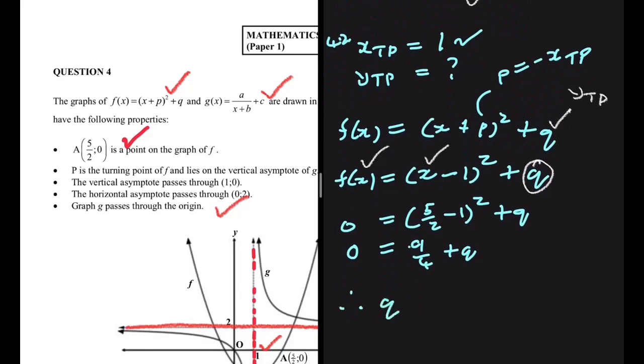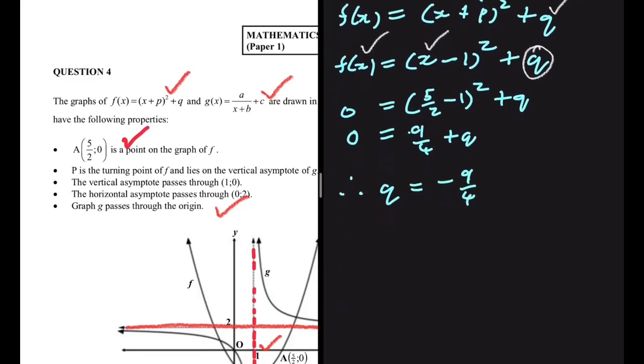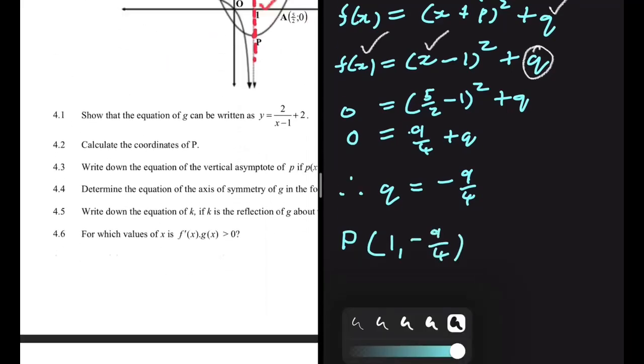So q will be equal to minus 9 divided by 4. That is to say that the coordinates of P, the turning point, are 1 and minus 9 divided by 4. Let's move to 4.3.